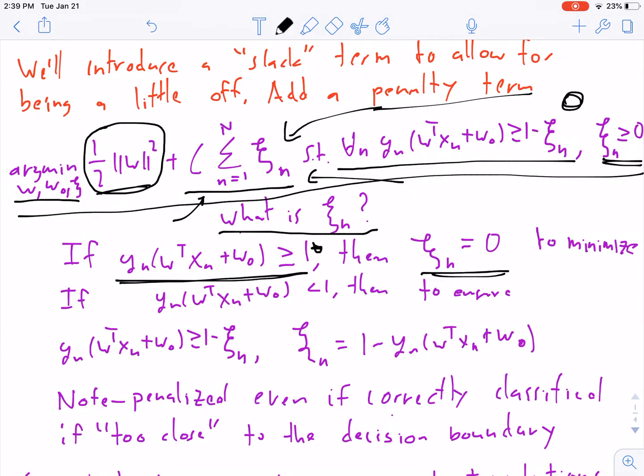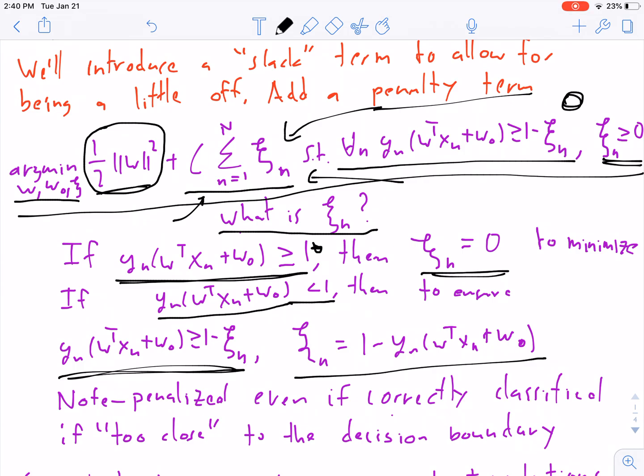Now, note that if yn times w transpose xn plus w naught is less than 1, so in this case it could be correctly classified but within 1 of the decision boundary, or incorrectly classified, then to ensure our condition circle, we have to make our slack term at least 1 minus yn times w transpose xn plus w naught. Right?